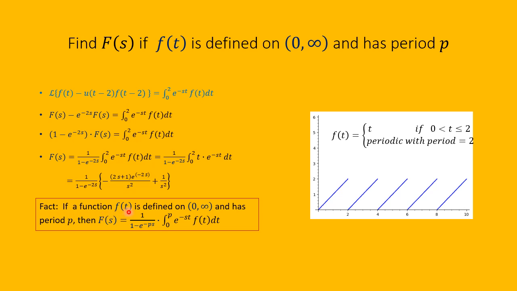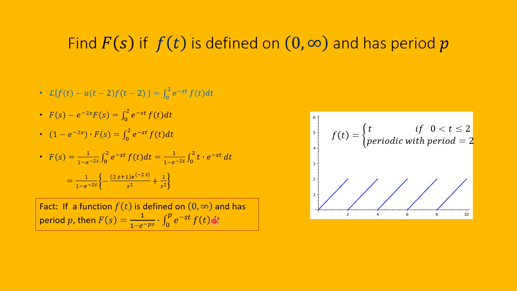If a function f(t) is defined on 0 to infinity and has period p, then its Laplace transform is 1 over 1 minus e to the ps power times the integral from 0 to p of e to the minus st times f(t) dt. Notice in this integral we're integrating with respect to t, and so its value is going to depend on s.